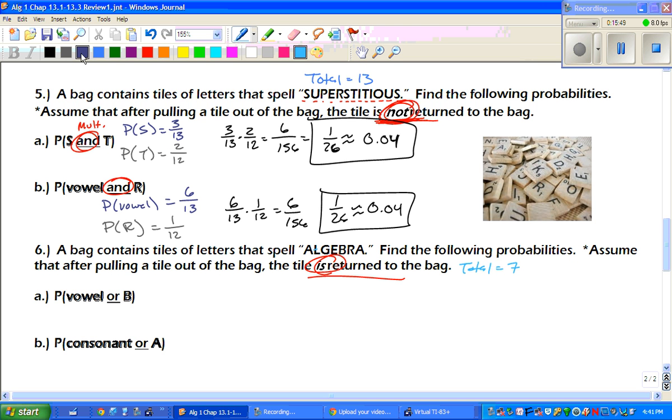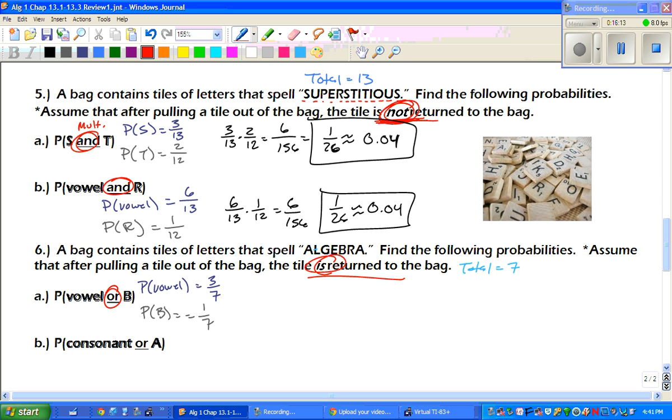So the probability of getting a vowel is 1, 2, 3. So 3 out of 7. What's the probability of getting a B? Well, there's only one B. So that's 1 out of 7.